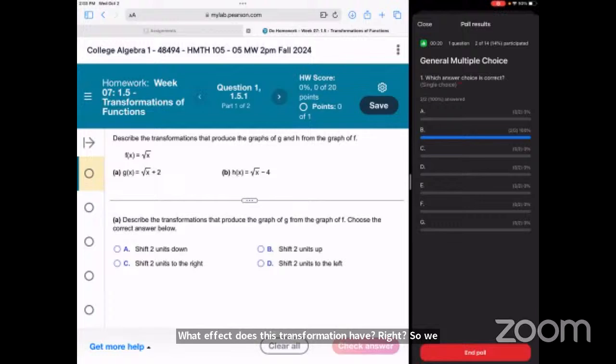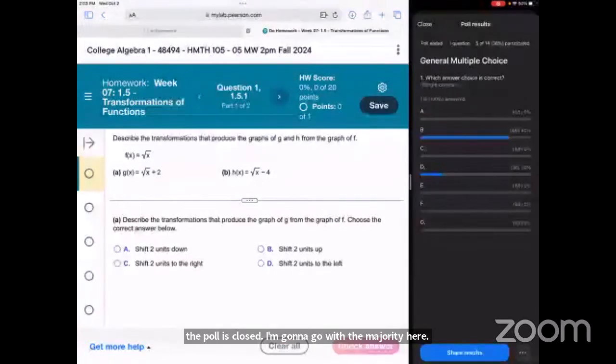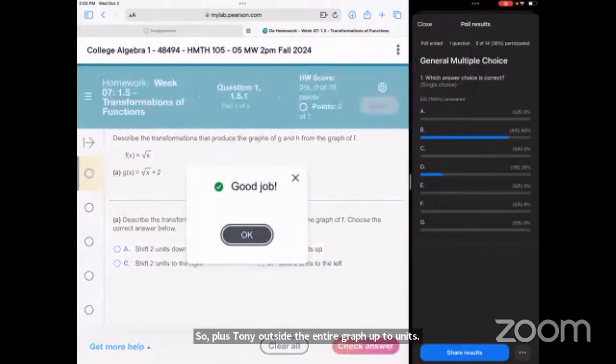Plus 2 on the outside. Okay, I'm going to submit the results. Take a few more seconds. That's enough. So the poll is closed. I'm going to go with the majority here. So plus 2 on the outside should move the entire graph up 2 units. To relaunch.